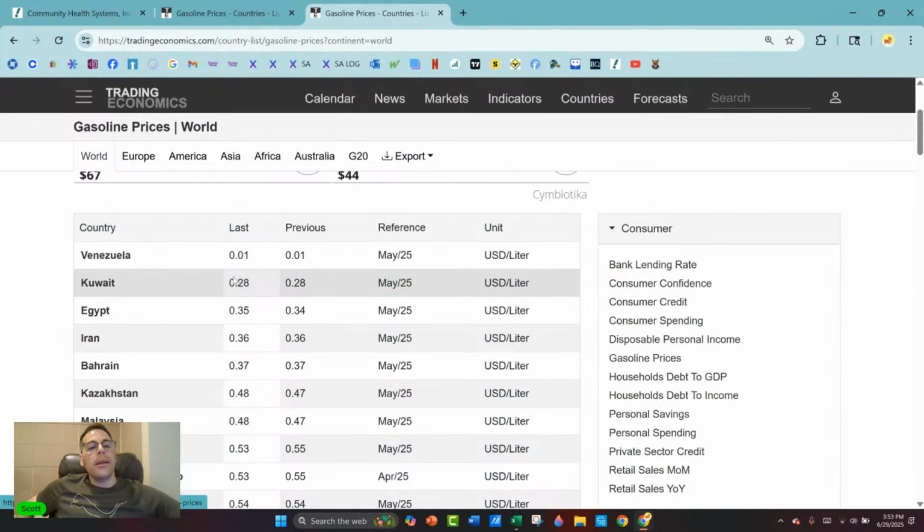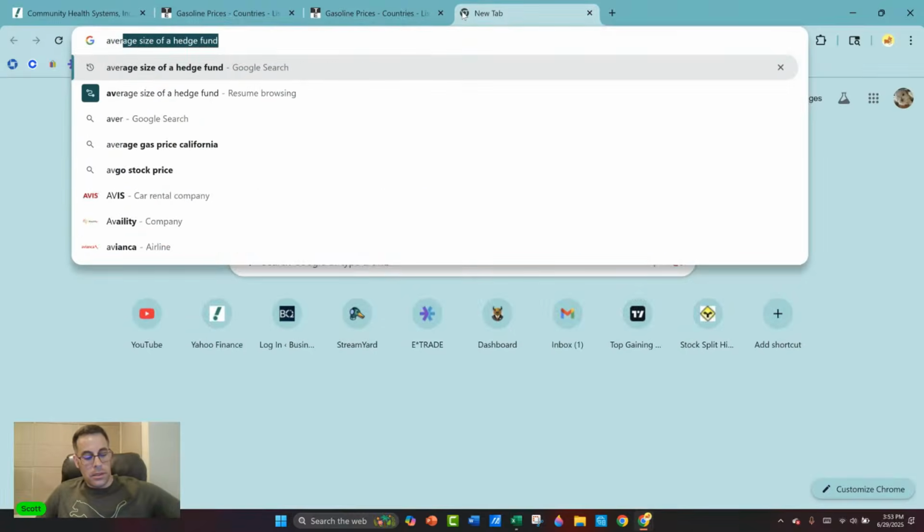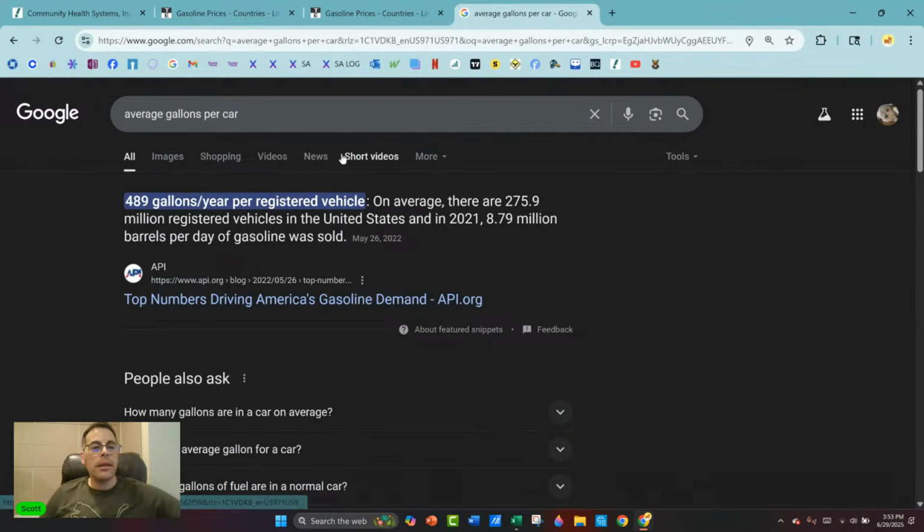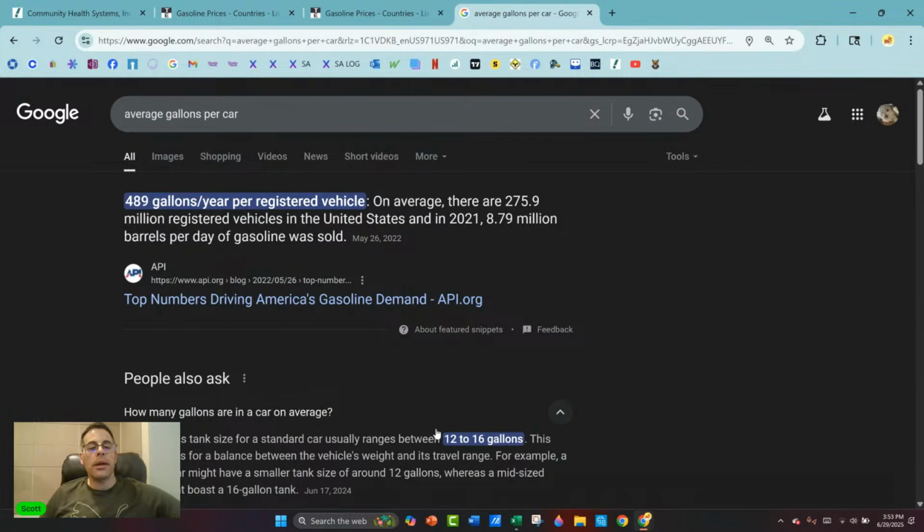Kuwait is $1 a gallon, but Venezuela, it's just the taxes on it. It's literally under a nickel for a gallon. So if your car's average gallons, what is it, like 15? How many gallons are in a car? Okay, yeah, 12 to 16.